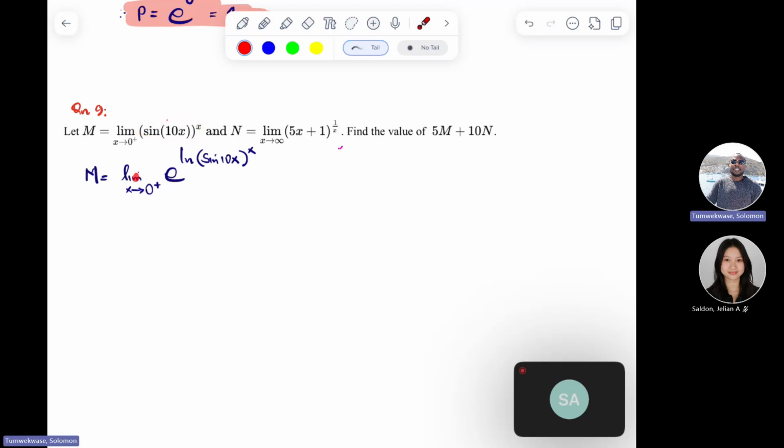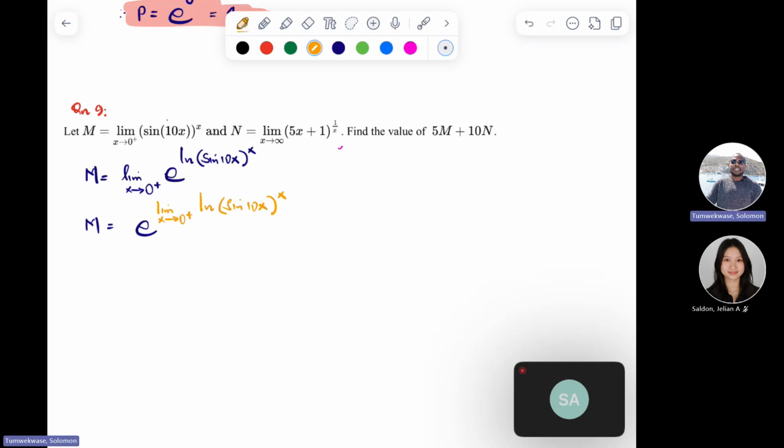Now, once again, this limit, I'll bring it on top here, and I'll have M as e to the limit, and I'm going to write that in a different color. Limit as x approaches 0 from the right of natural log of sine of 10x, then to the x.